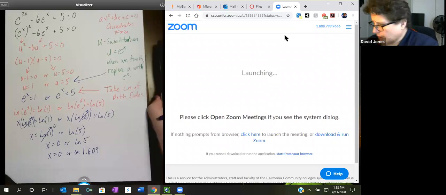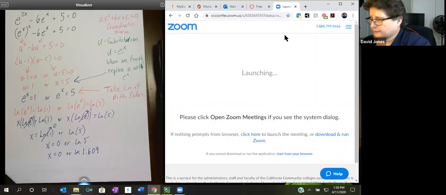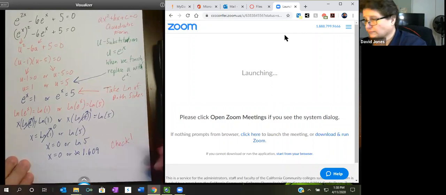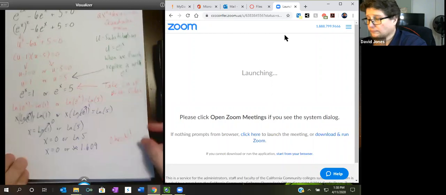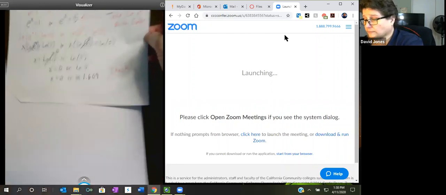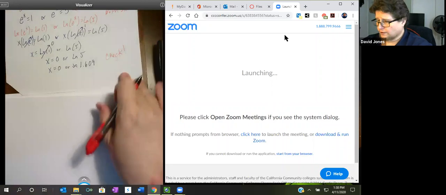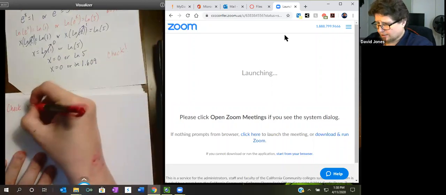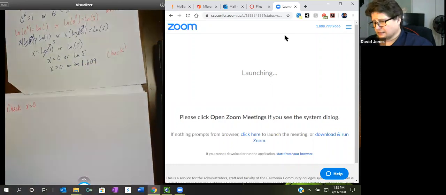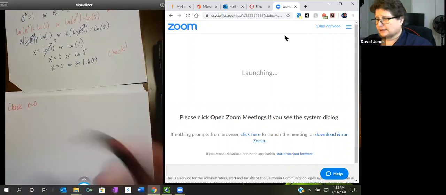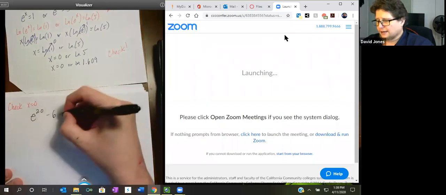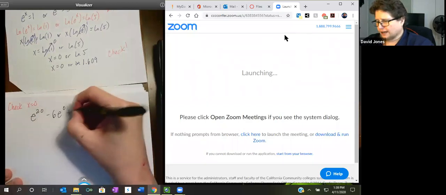Do they both work? Let's check. So check x equals 0. I have e to the 2 times 0 minus 6, e to the 0 plus 5.